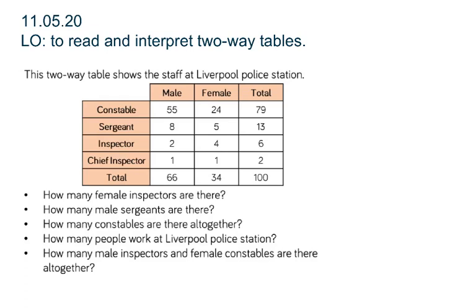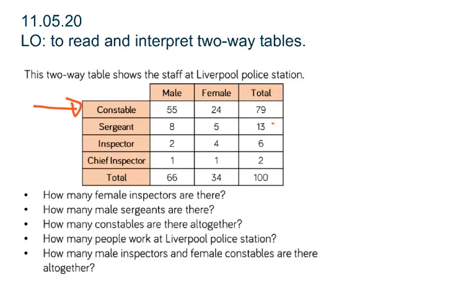Here you're looking at the constables column, and whenever you see the word altogether, you're thinking about two values combined, added together, so you're looking for a total. There's nothing missing here, it's all there, so your answer is 79.